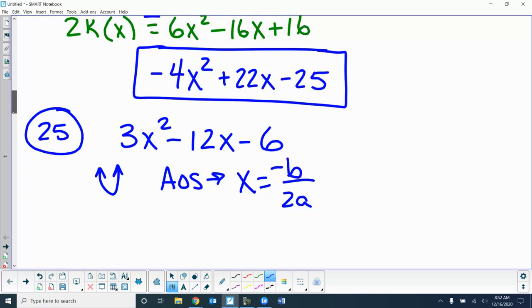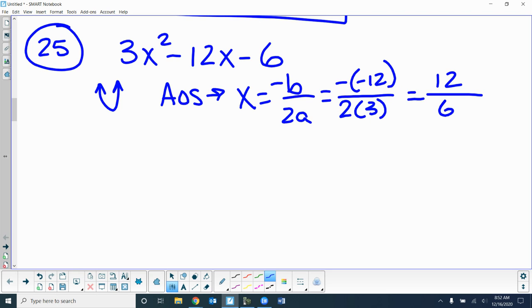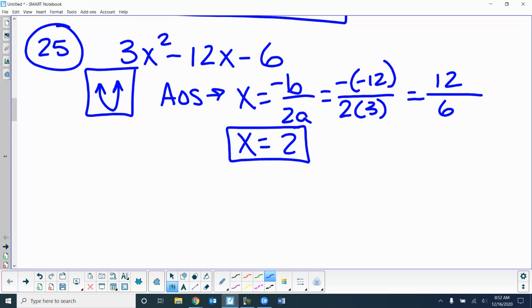So negative b is positive 12, right? And 2a is 2 times 3, which is what? 6. What's 12 divided by 6? 2. So we got 2 of our 3 answers.